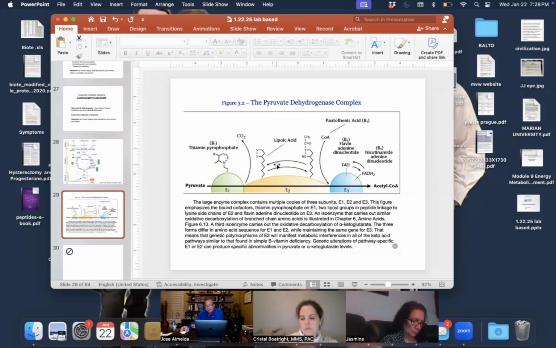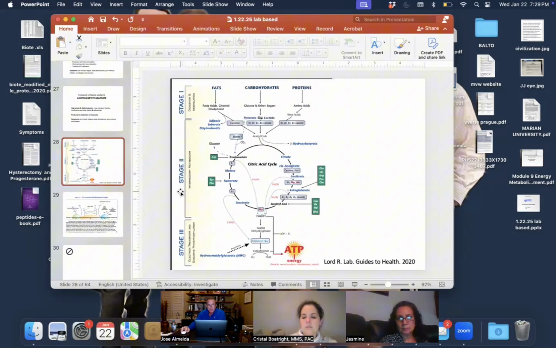Lipoic acid, that's why you'll see a lot of lipoic acid supplementation with blood sugar dysregulation. Well, what does blood sugar dysregulation mean? Carbs aren't getting through the cycle properly, so oxidative phosphorylation and ATP production are going to suffer, i.e. low energy, fatigue. This is a big gateway into the cellular energy production pathway.